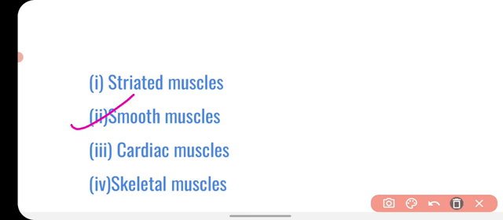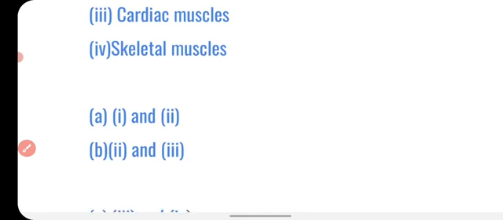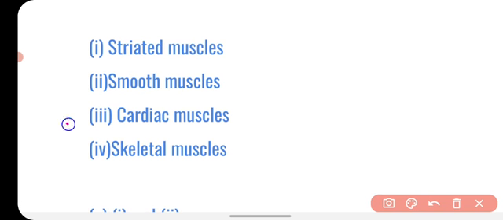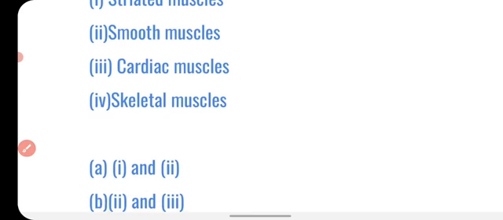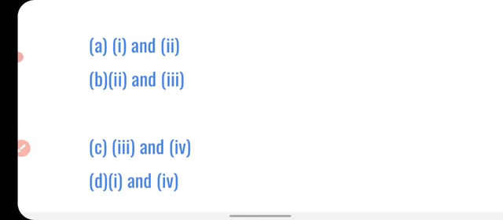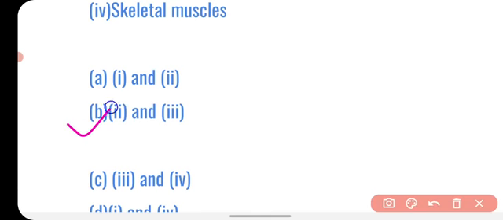So smooth muscles are the involuntary muscles which do not act according to your conscious will. And as you know, the cardiac muscles also are not under your conscious control. So here second and third is right, which is given in option B.